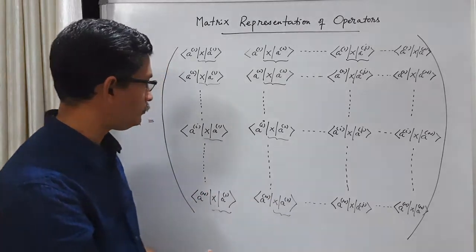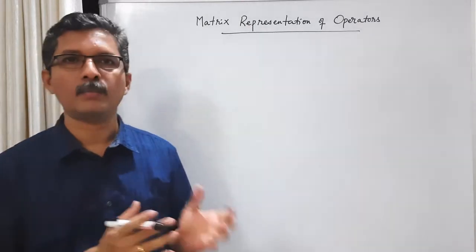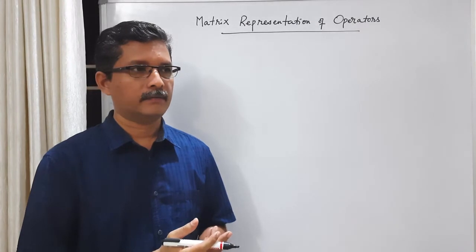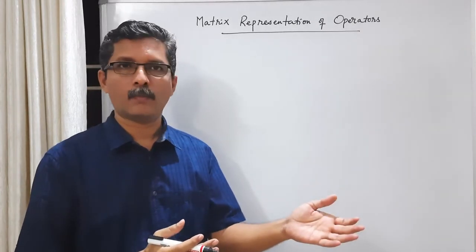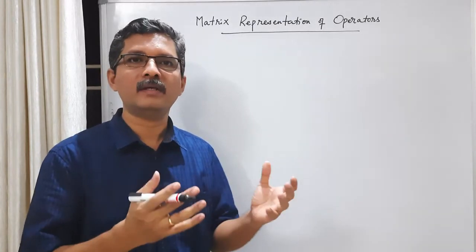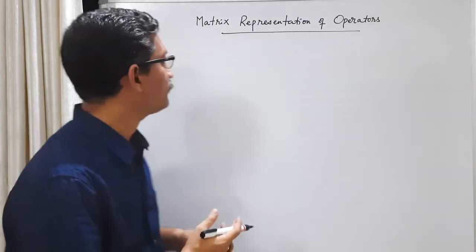Now let us try to understand the meaning of taking the Hermitian adjoint of an operator. We have seen that if there is an operator x, x dagger is the Hermitian adjoint. That is the notation. What is the meaning of that in terms of matrix representation? Let us see.